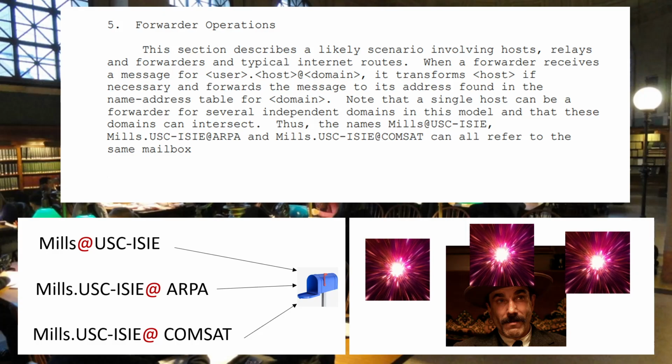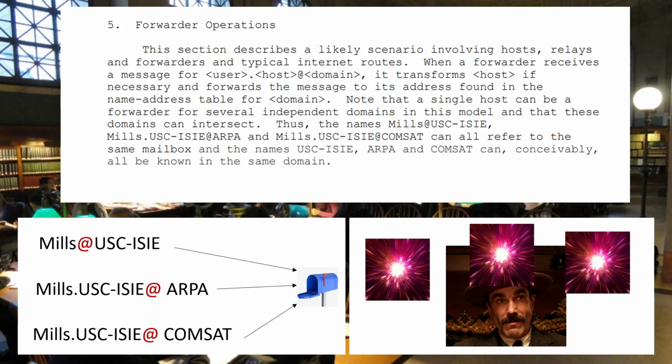And that follows from the fact that a single host can be a forwarder for several independent domains, or rather, the domains can intersect, because maybe that mailbox is in the ARPA domain and the ComSat domain. So the fact that those three names refer to one mailbox follows from the fact that domains can intersect.